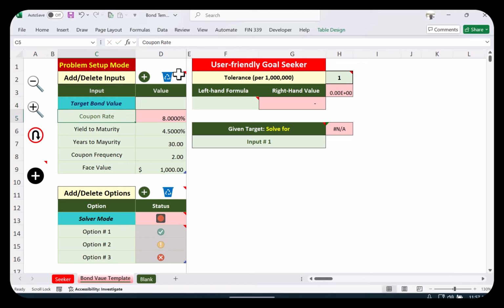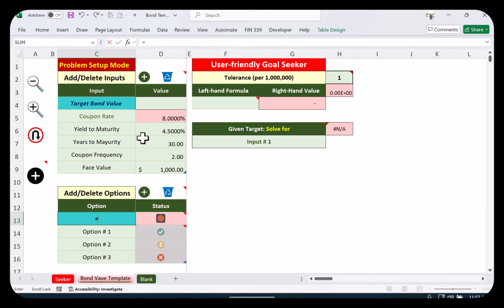Sometimes I'm going to tell you what the bond value is, and I'm going to ask you to figure out something else. Given everything else, what coupon rate would give me that bond value? Or given everything else, what yield to maturity would give me that bond value?